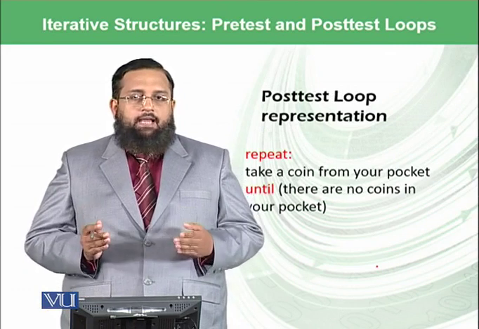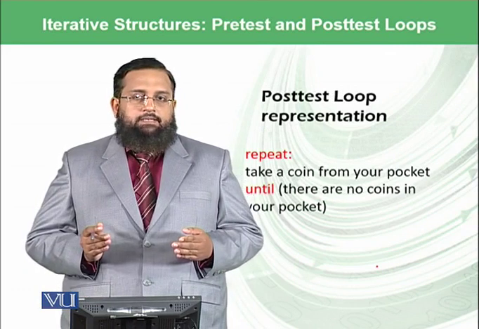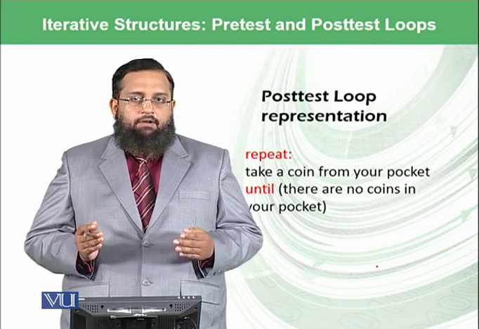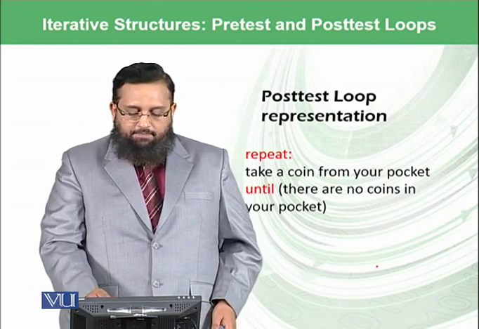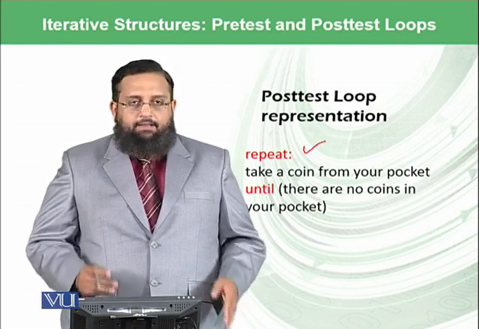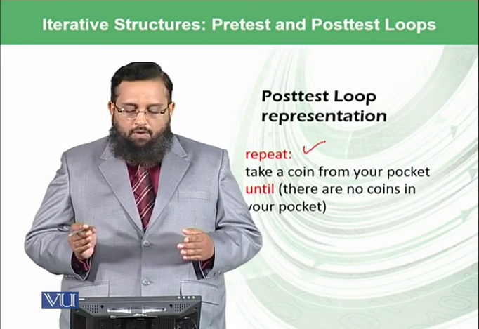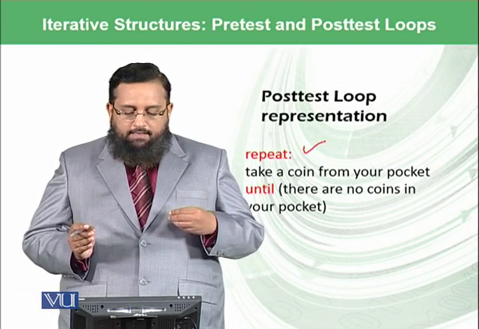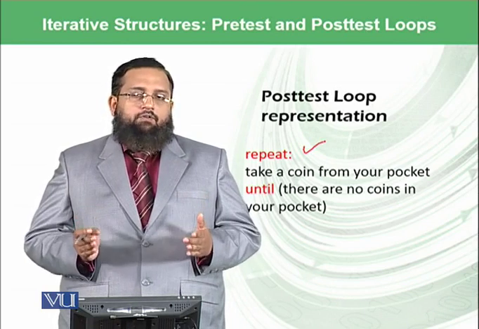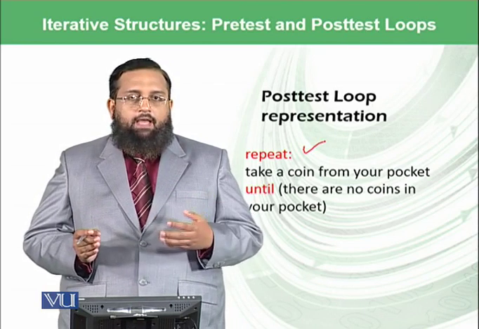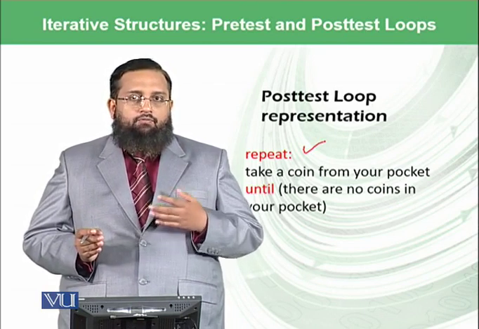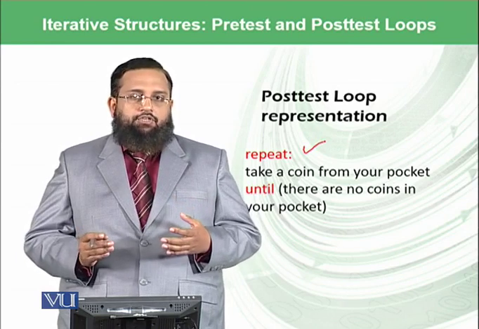The structure we are discussing over here is the repeat until structure. It says: repeat take a coin from your pocket until there are no coins in your pocket. So we want to empty the pocket, however first we are not checking the condition.